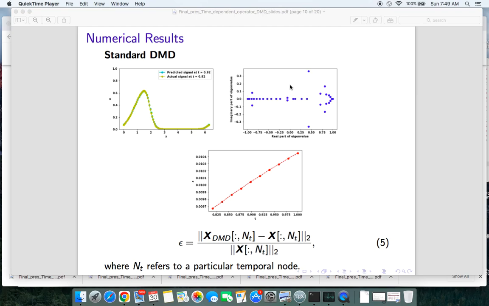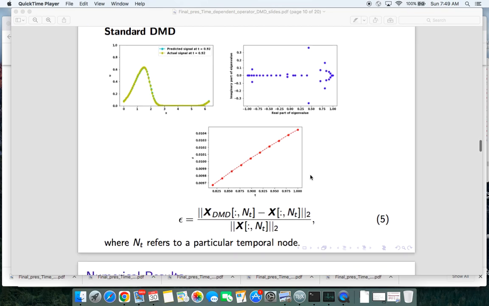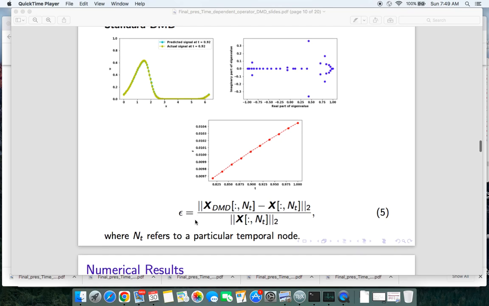This is the eigenspectrum, and this figure shows the error versus time, and the error epsilon is computed by this formula.